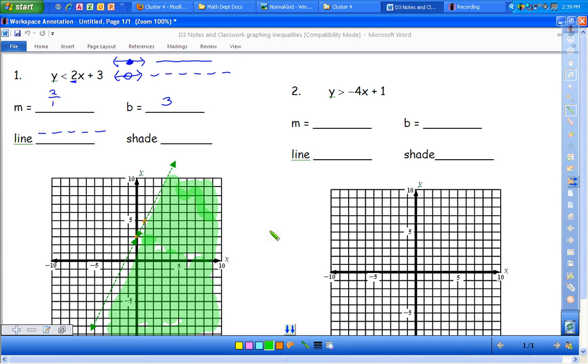If you do not believe me that we need to shade everything down here, we can also prove it mathematically. We can go anywhere out here on the x-axis. So let's say we chose the point out here, 5. Okay, so we would substitute the number 5 into our equation. 2 times 5 is 10, plus 3 is 13.